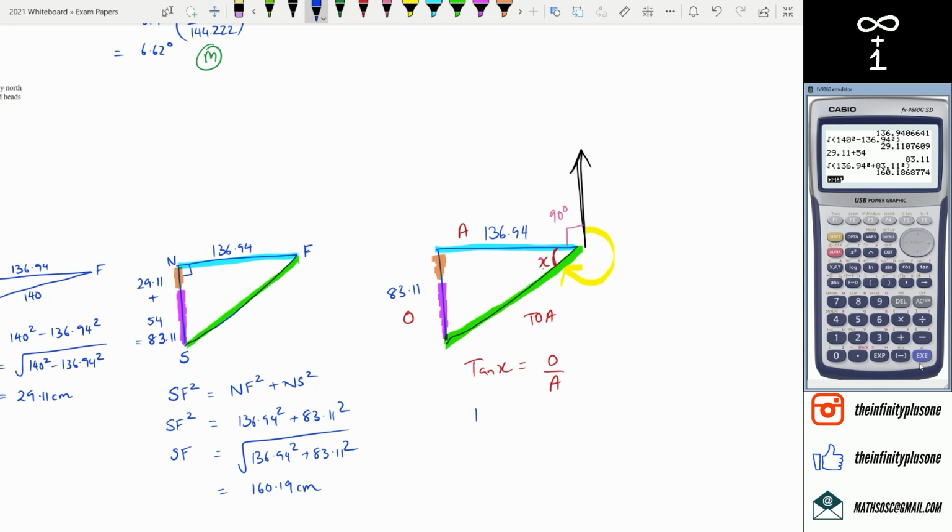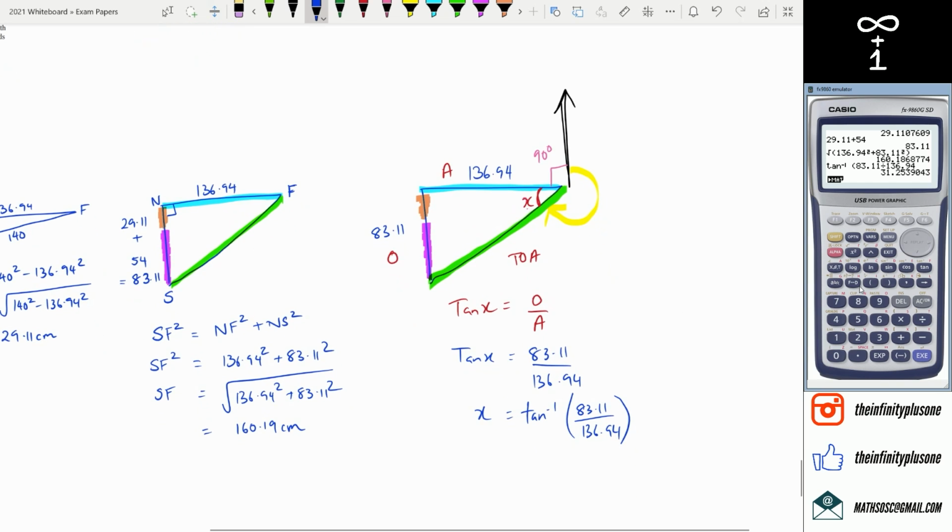Then I've got tan x equals 83.11 divided by 136.94. Then x is equal to inverse tan of 83.11 over 136.94. So that's going to give me 31.25 degrees. So x is equal to 31.25 degrees.